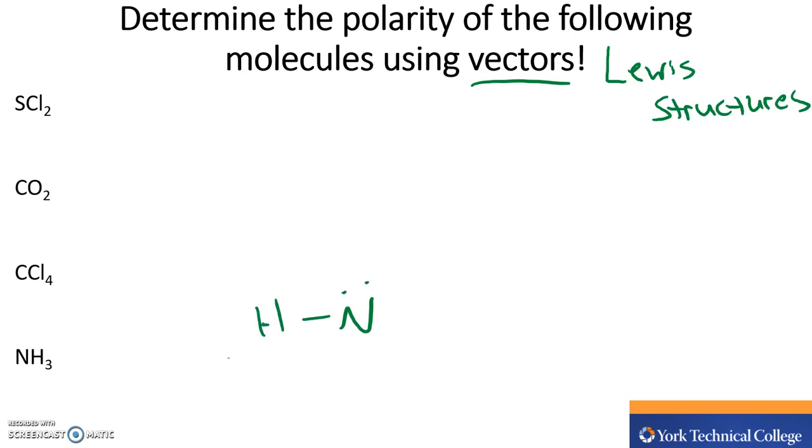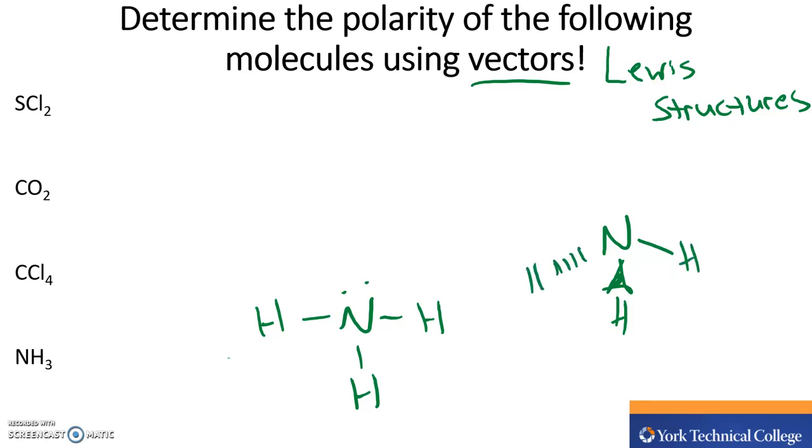I'm just going to draw it first, like you should draw it, and then I'll add the geometry here. We have a bond pointing out towards us, so that will be on a wedge, a bond pointing towards the side, and a bond pointing back into the page, which is a dash.